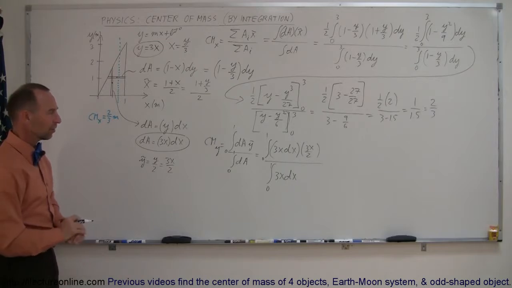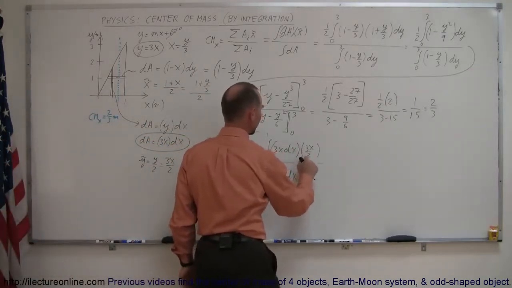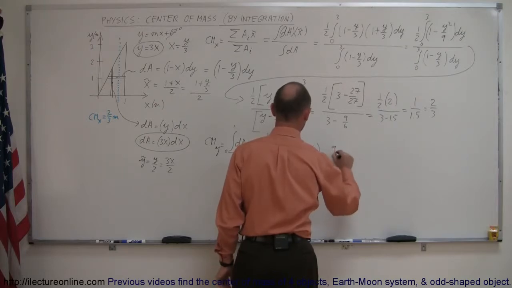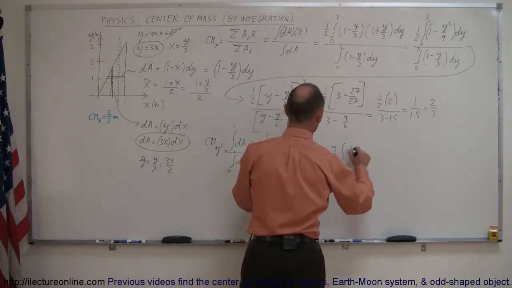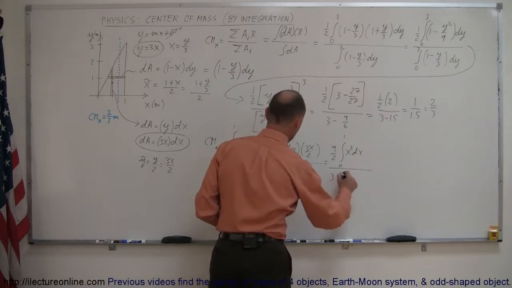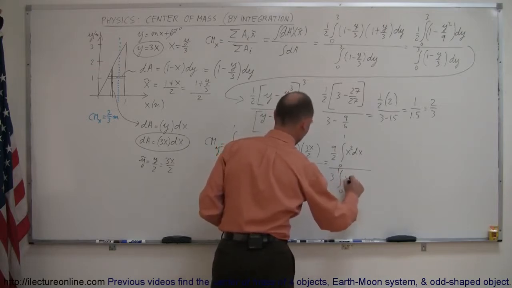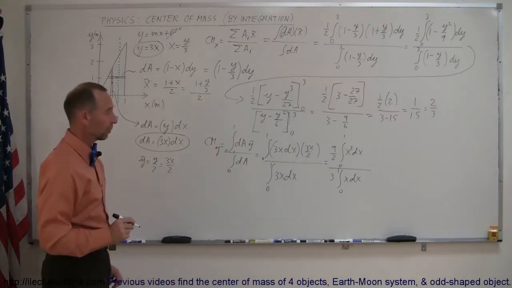Okay, now simplifying this a little bit and integrating. I have 3 times 3, which is 9, divided by 2. That can come outside the integral sign. So I have 9 over 2 times the integral of x times x, which is x squared times dx from x equals 0 to 1. And in the denominator, I can pull out the 3, and that's the integral from 0 to 1 of x dx. And now I'm going to go ahead and integrate those. Those are pretty straightforward.